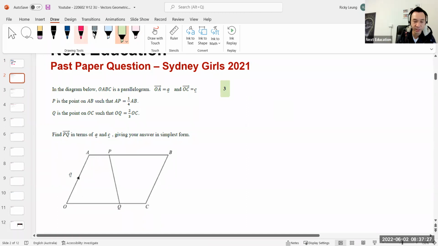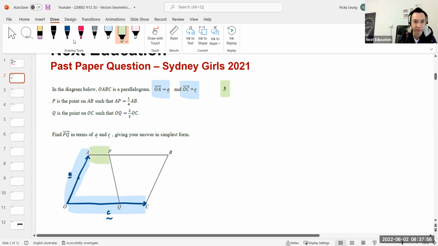In the diagram below, we have these pieces of information. This point is A, that's given. AC isn't given in the diagram, kind of weird, so maybe I'll write that in. From here to here, that's C, and here to here, that's A. Point P: AP is 1/4 of AB.